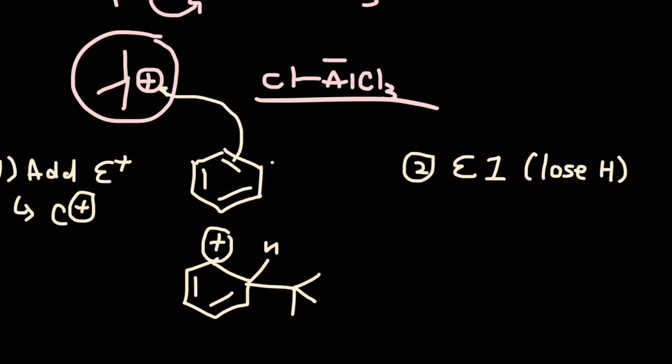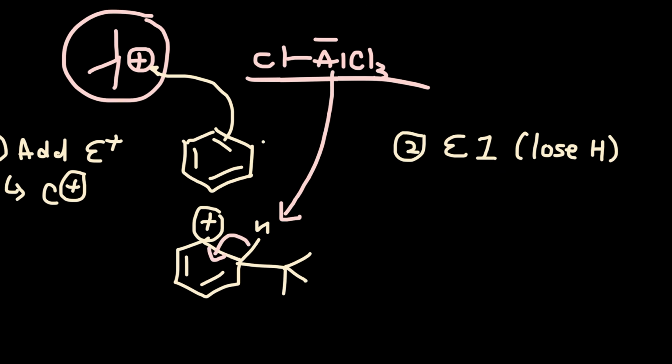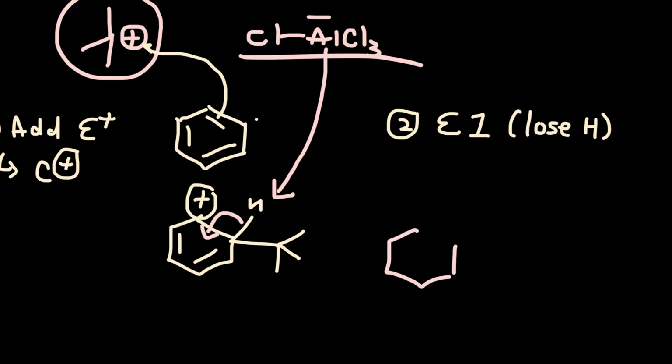So then this negative charge can attack the H. Okay, so notice it does not directly attack the positive charge because this is an elimination reaction, so it actually goes through an H, which will give up its bond to create an alkene. So that's how you get your benzene ring back and with your new branch produced.